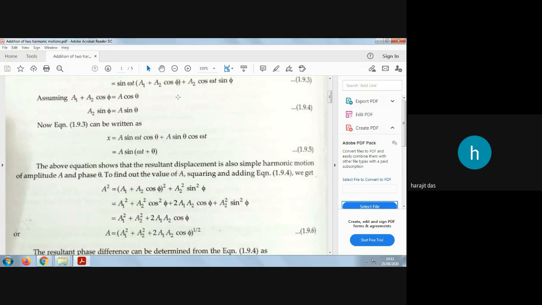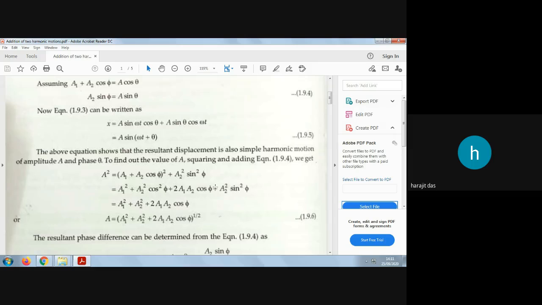By squaring equations 3 and 4 and adding, we get A square cos square theta plus A square sine square theta. If you make A square common, then sine square theta plus cos square theta is 1, so it will be A square. So A square equals (a1 plus a2 cos phi) whole square plus (a2 sine phi) whole square, meaning a2 square sine square phi.